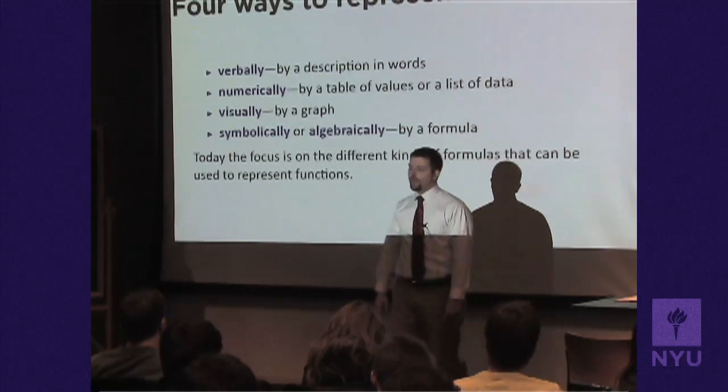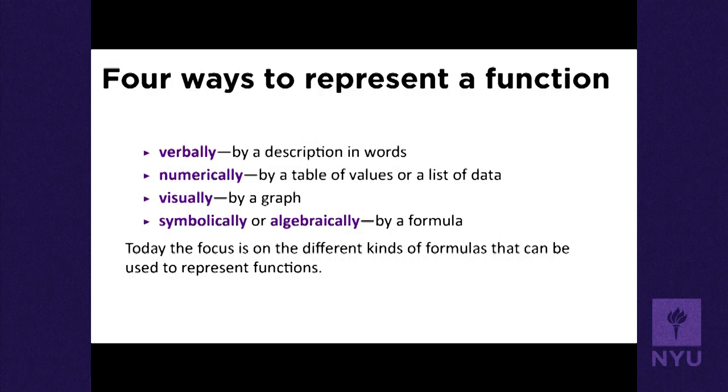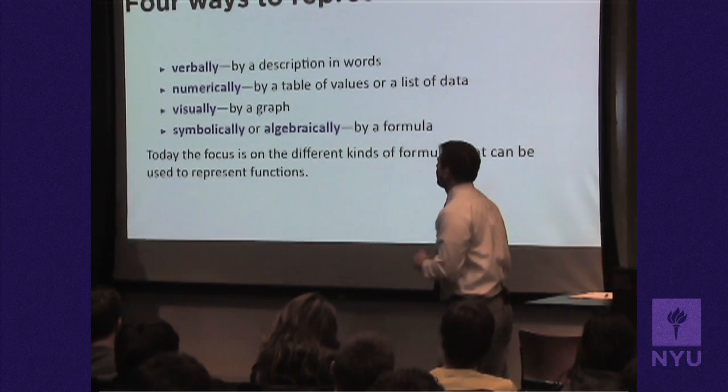Okay. And on Monday, we looked at the many ways that we can represent a function. We can describe it in words, the temperature in this room at time t, or the utility I derived from eating a certain amount of burritos. Those were functions described as verbs, or in words. You can also describe a function using a table of values, whether it's just 3 values or an entire long list of data. That's a numerical description of a function.